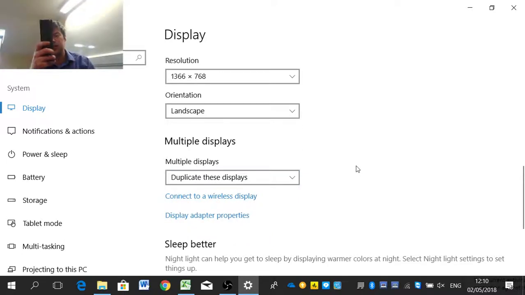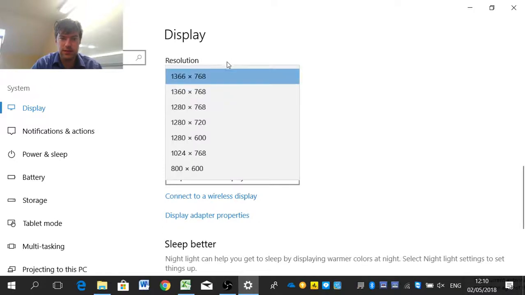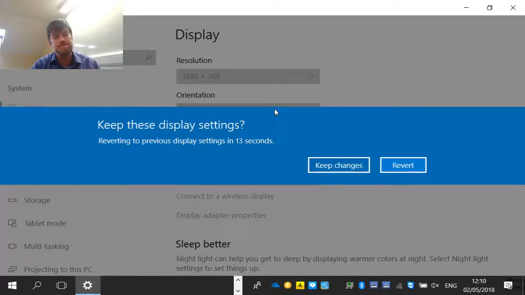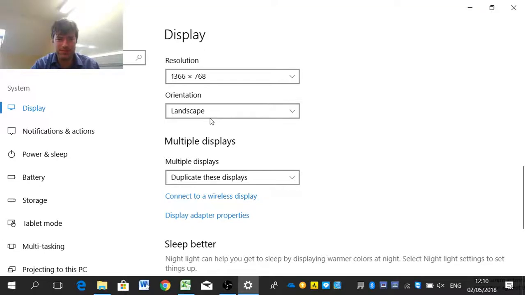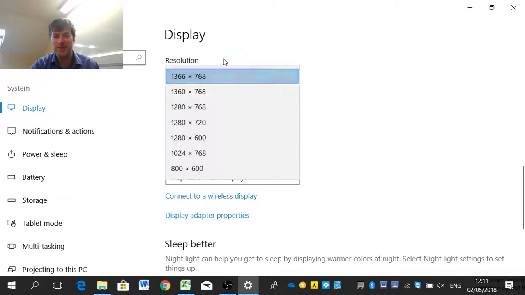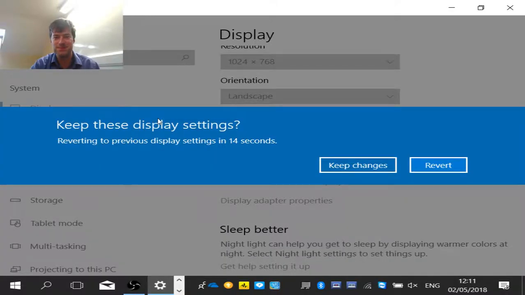This newer laptop doesn't work as well as my older laptop.